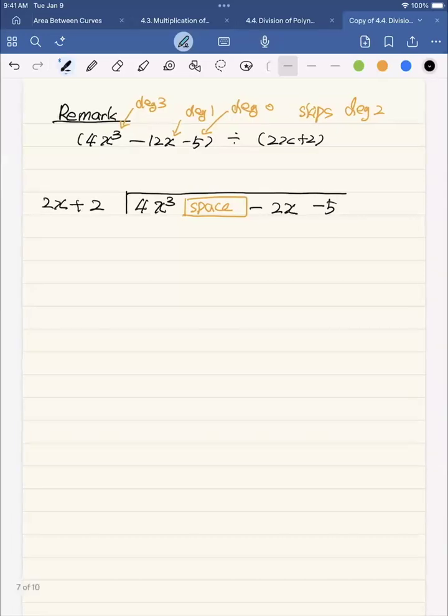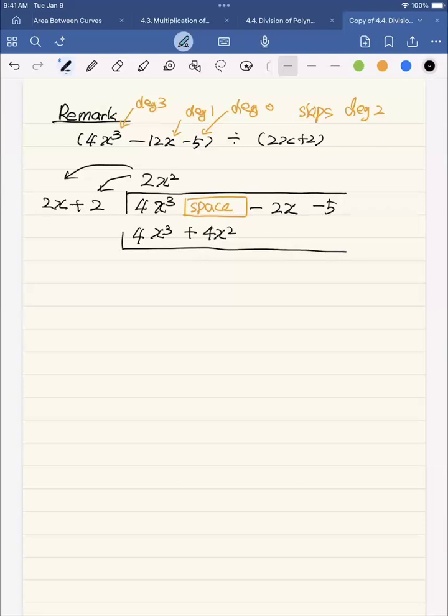And we do exactly the same thing. So it becomes 2x squared. And then when we multiply like this, we will have 4x cubed plus 4x squared, and subtract, and the first term will vanish.